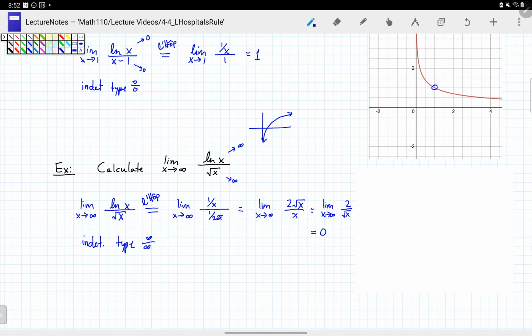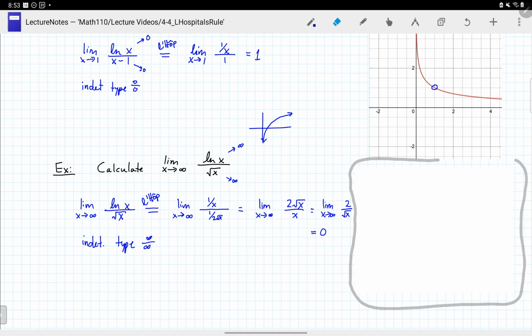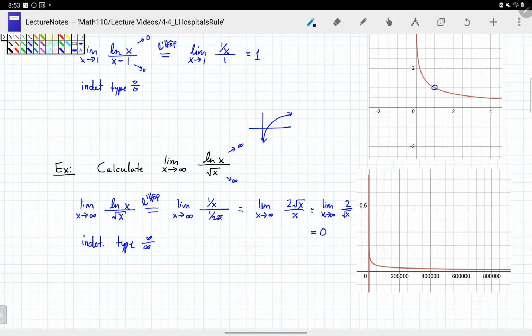So again, I want to look at the graph of this. And I want to say when I originally graphed this, I had to manipulate the graph because we were looking at the limit as x goes to infinity. And so I changed my viewing window to include very large values of x.